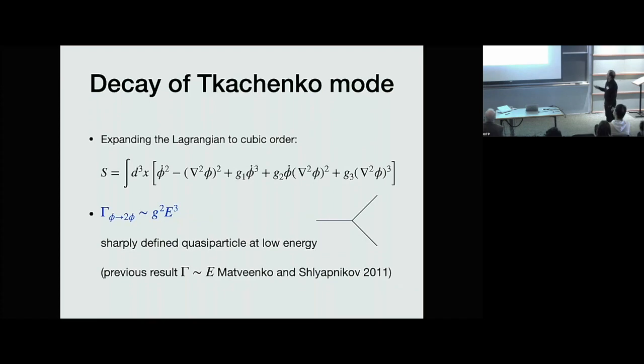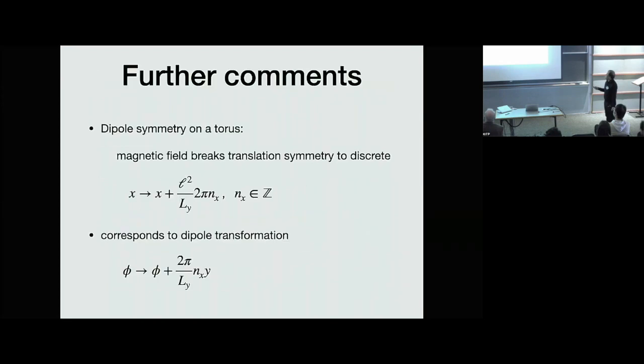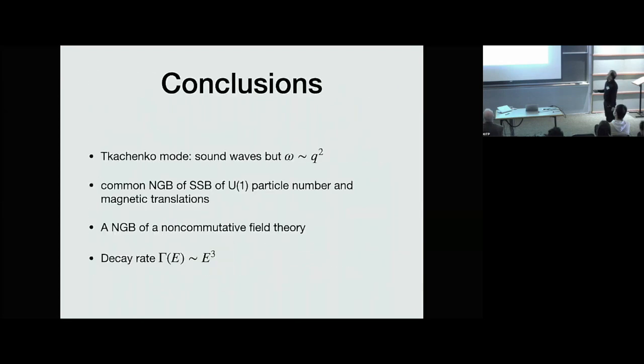Okay, since I am out of time, let me skip a few slides and go to the conclusion. The Tkachenko mode is a sound wave, but with a quadratic dispersion relation, which is a common non-Nambu-Goldstone boson of particle number in magnetic translations.